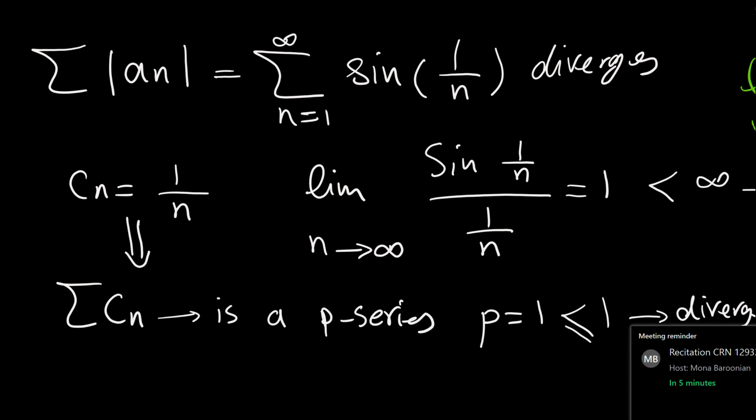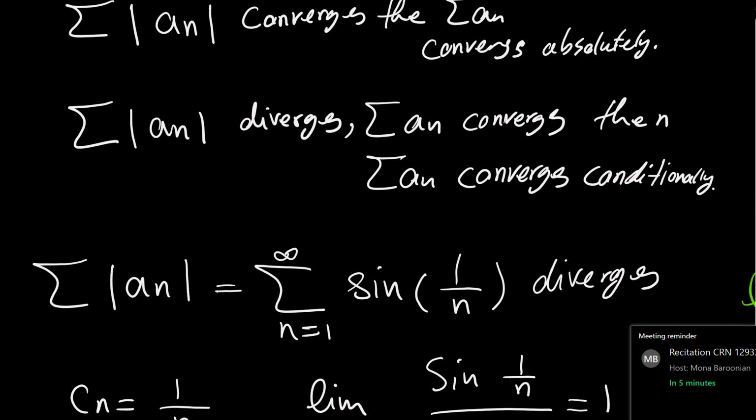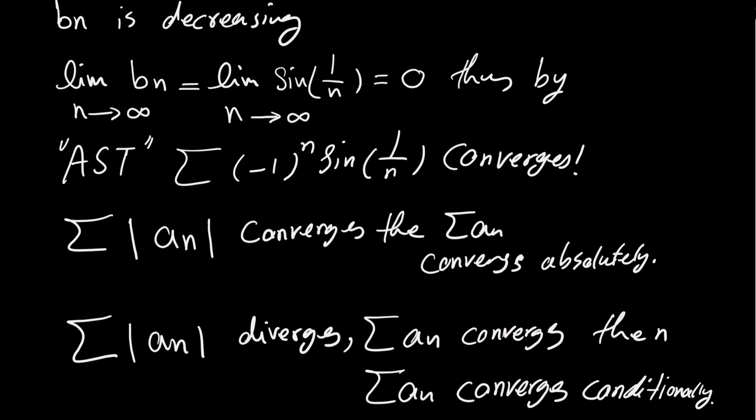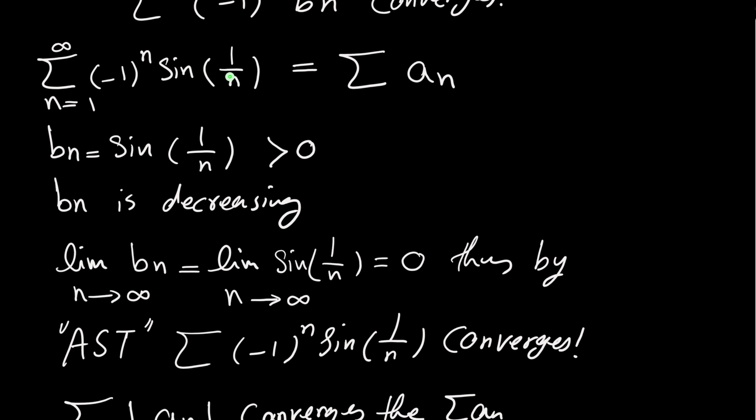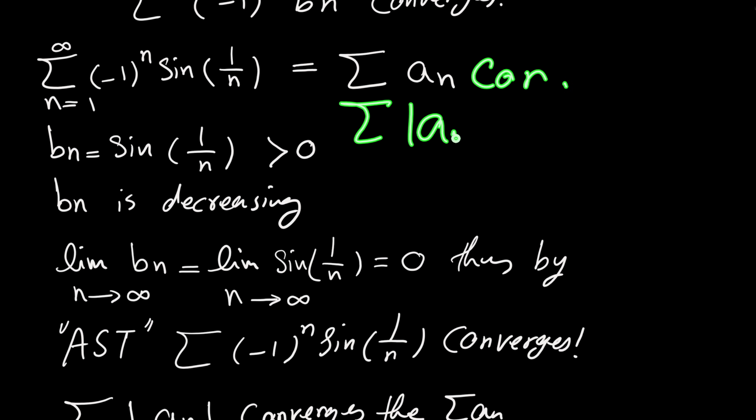So what can we say about sigma negative 1 to the power n sine of 1 over n, or sigma an? We found that sigma an converges, but sigma absolute value diverges.